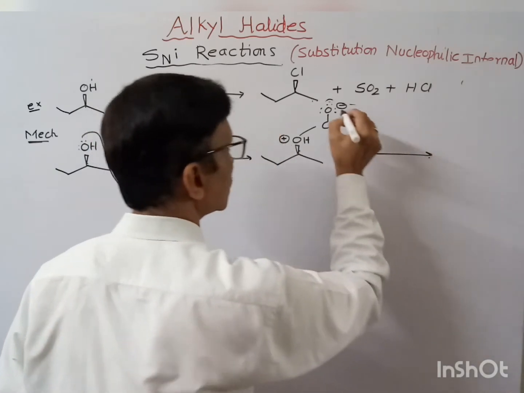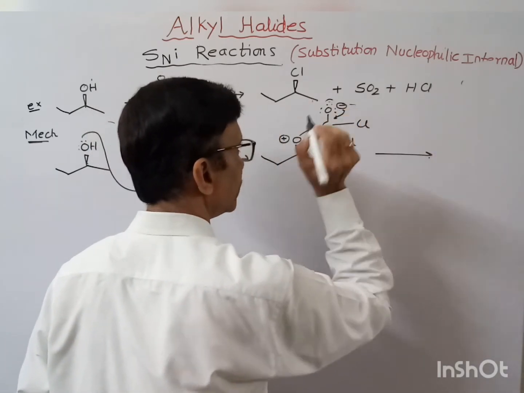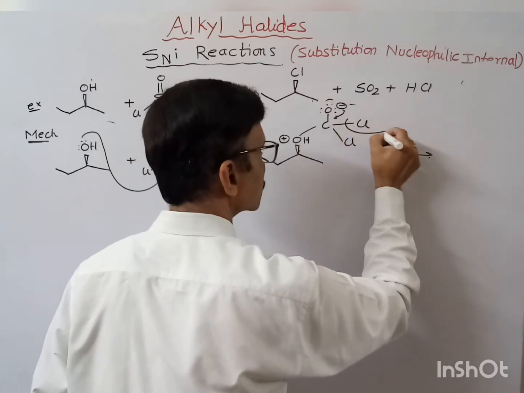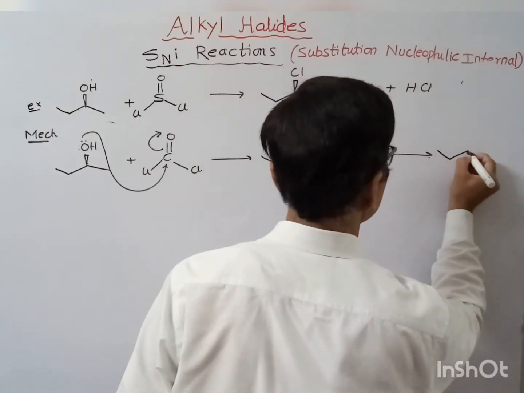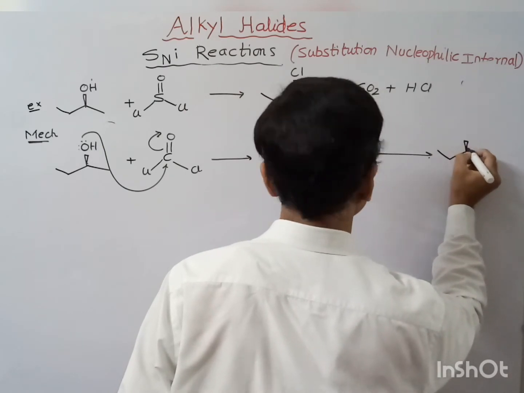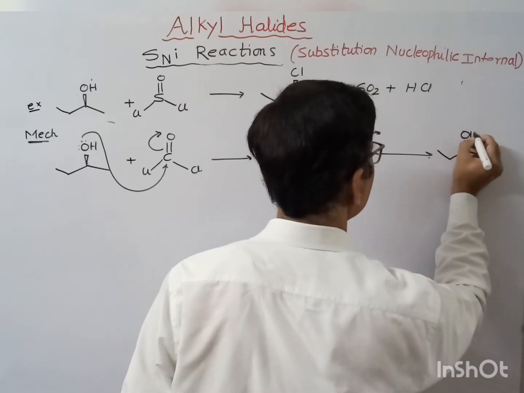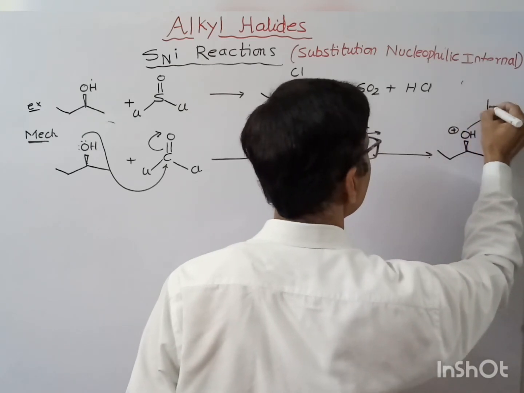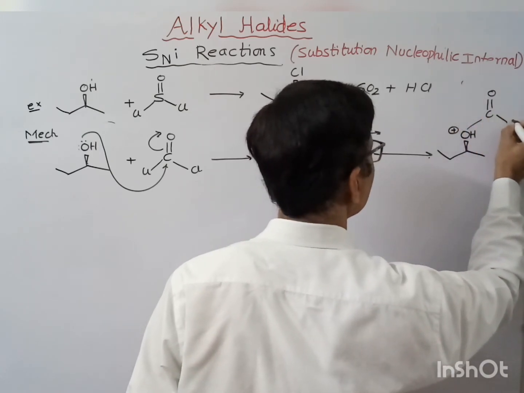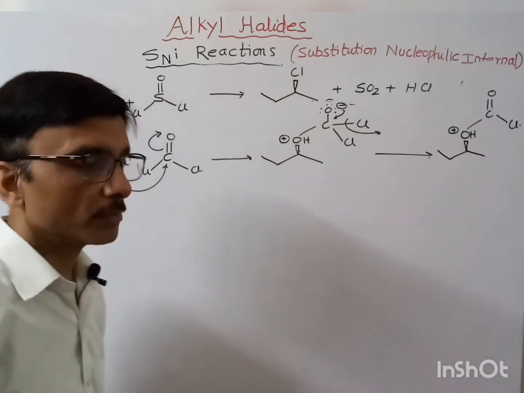In the next step, a double bond, a pi bond, will be restored, and this chloride ion will leave, and this would be formed.